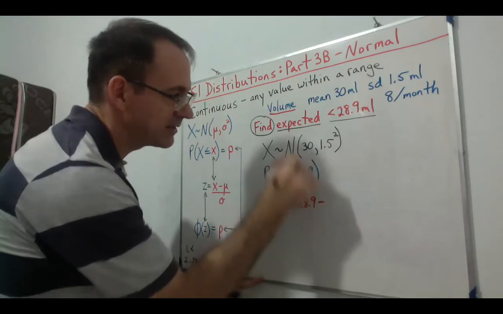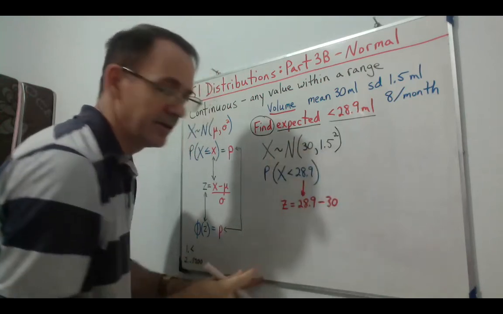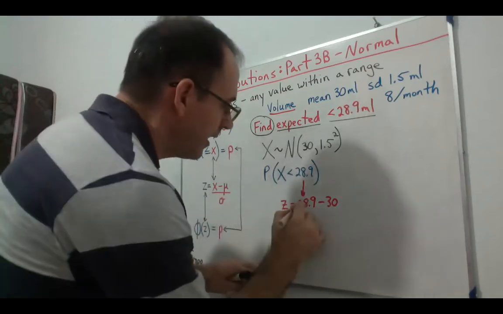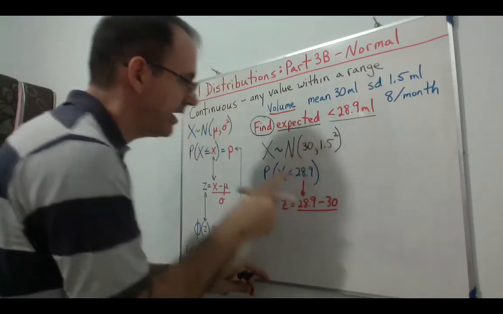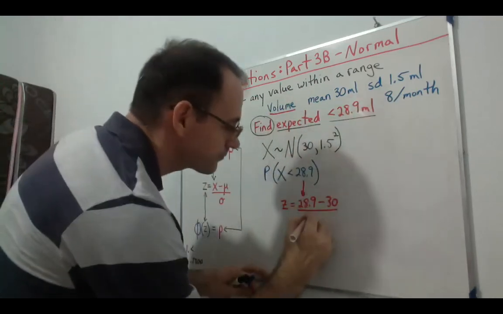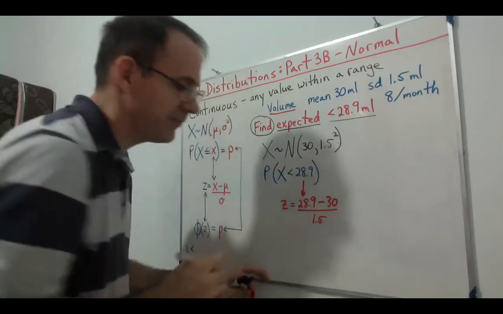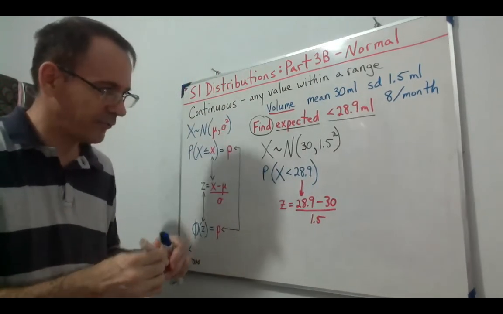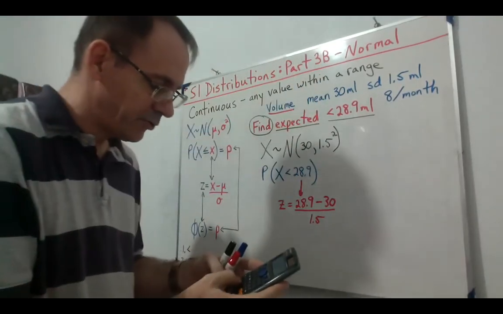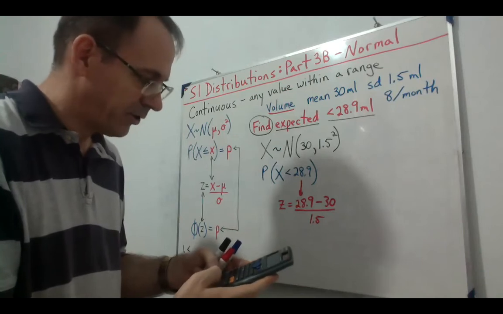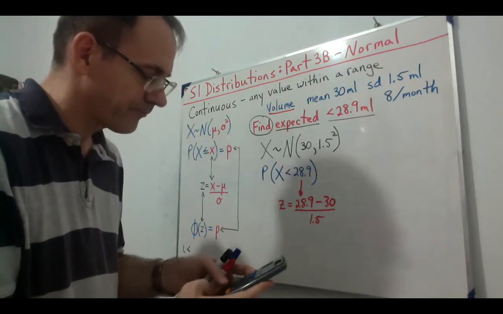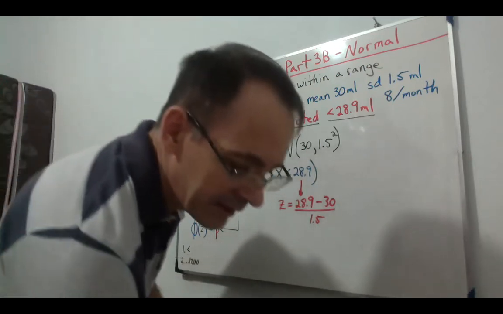Remember, we subtract the mean, so that's what lines us up on the 0 part of the chart. And we divide it by the standard deviation, which is the 1.5, not the 1.5 squared. And this will give us the z number that we're looking for. So look that up really quick in your calculator. You probably notice right away that we're going to end up with a negative value.